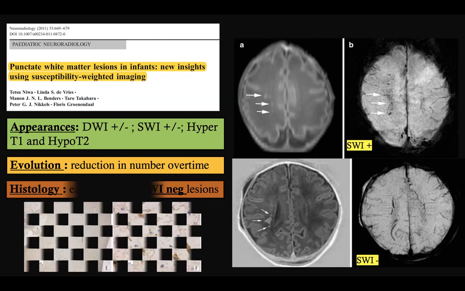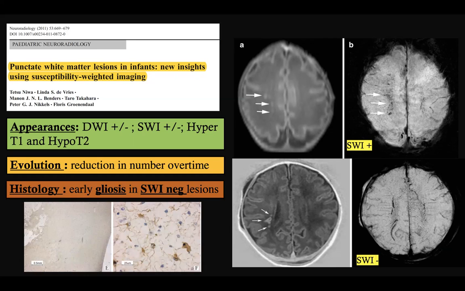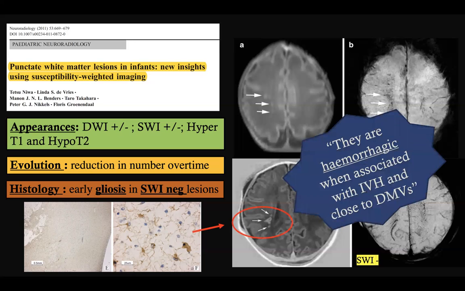I want to come back to that later on. And they show that in a few cases where they had the histology, they found early gliosis in the SWI negative lesion. So basically they say they can be hemorrhagic or not, they can restrict or not. The ones that are not hemorrhagic are small areas of early gliosis, so small ischemic areas. So they say that the hemorrhagic lesions are associated more often with intraventricular hemorrhage, and they are very close to the deep medullary vein.